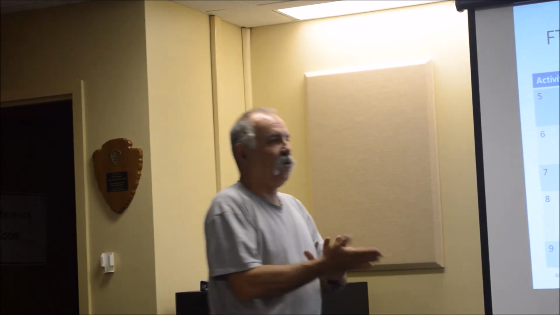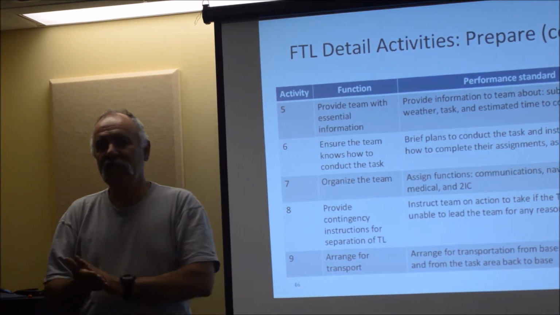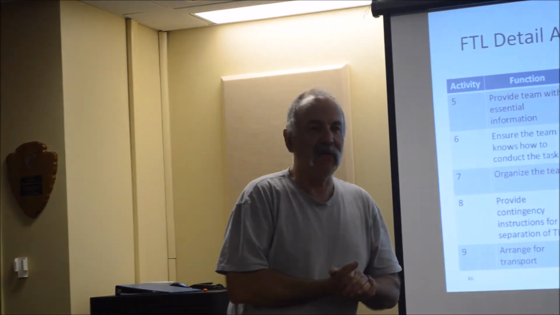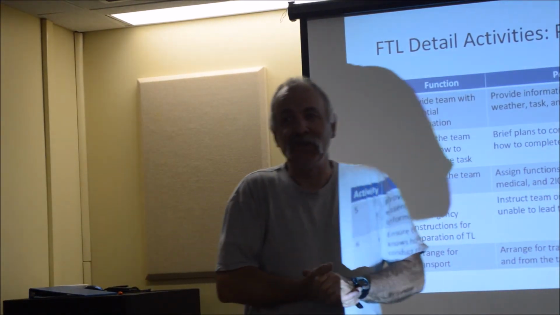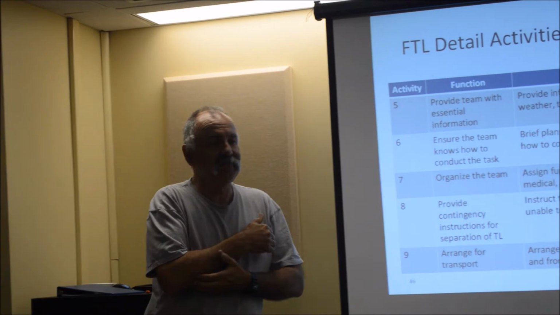We train to it all the time. Aircraft incident procedure. What does the team leader do? When you arrive at what you perceive to be the boundary of an aircraft incident as delineated by, I don't know, the smell of aviation fuel, burning bushes, a bunch of other things, what does the team leader do?